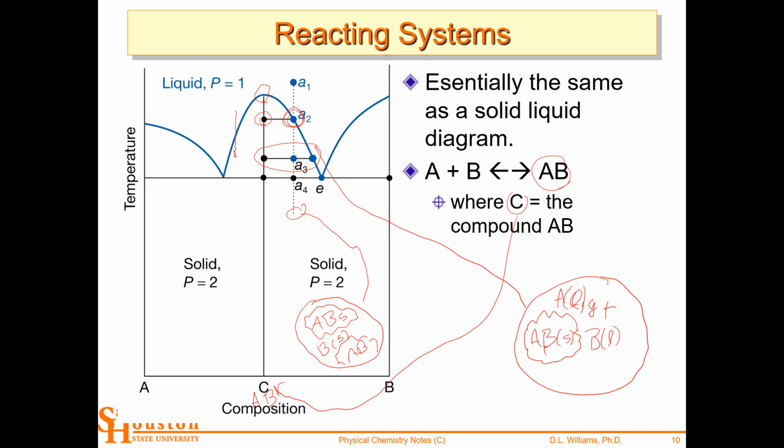If you're over here, you have A solid being formed and liquid A and liquid B. So when you hit that line, you just go left or right to the nearest vertical line. If I'm over here, cooling this one down, I hit that, then pure B forms, and then the liquid line follows this.